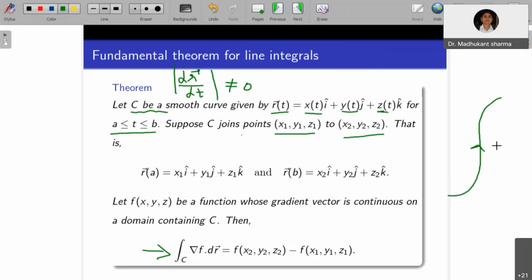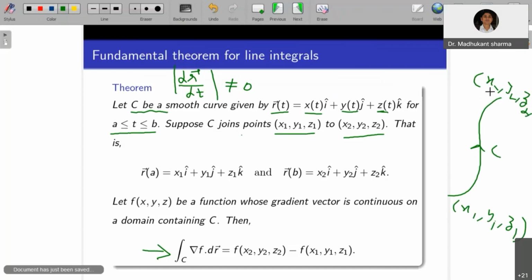So C starts at, let's say, x1, y1, z1, and reaches x2, y2, z2. So r at t equals a is the starting point, and at t equals b it is the ending point. It is moving from t equals a to t equals b.